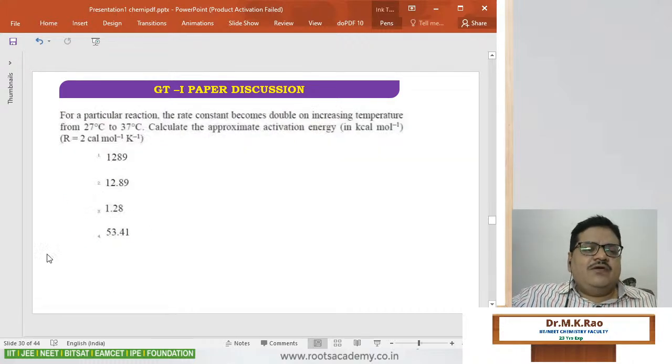Question number 146. For a particular reaction, the rate constant becomes double on increasing the temperature. Calculate the approximate activation energy.